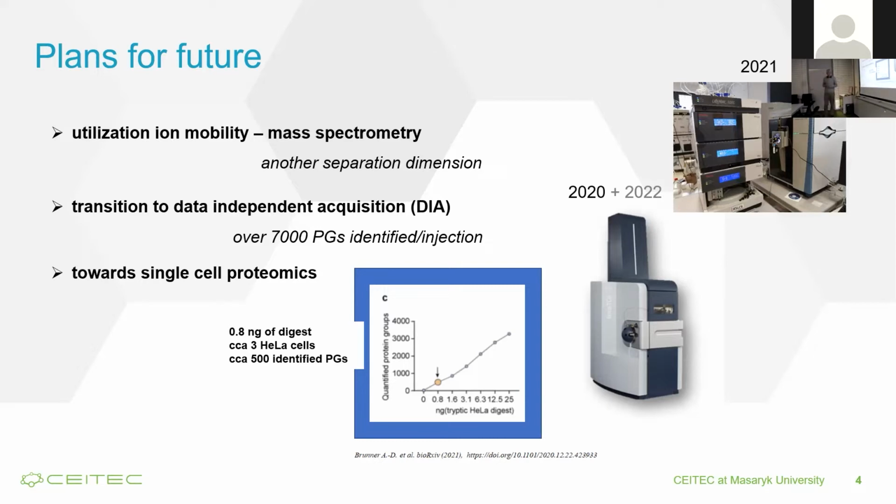Here I just show results from Matthias Mann's lab, where they analyzed HeLa cells, and here it's marked 0.8 nanogram of digest material, which corresponds actually to 3 HeLa cells. And they could see about 500 proteins.